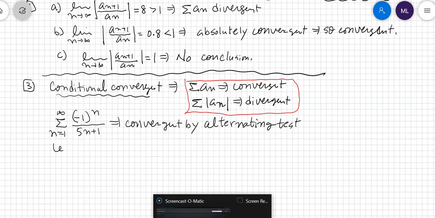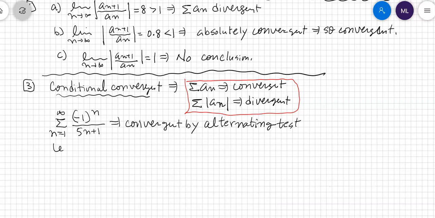But the summation of |aₙ| is the summation of 1 over 5n plus 1. Then this guy is convergent or divergent. This is not alternating.